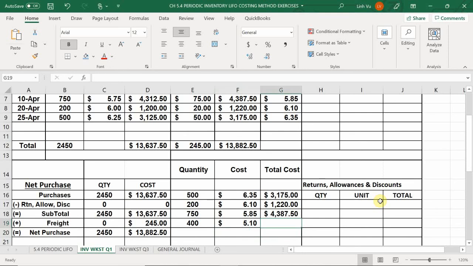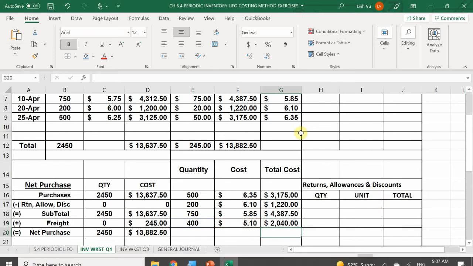I need to figure out what my total cost is to sell 400 items. What is my total cost? $5.10. Oh yeah, $5.10, sorry. So 400 at $5.10 each. What's my grand total cost for selling 400 items? 2,040.